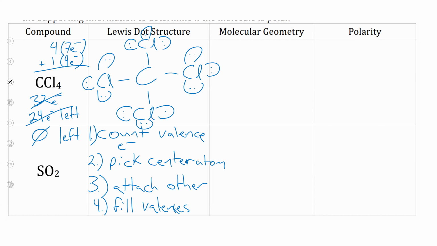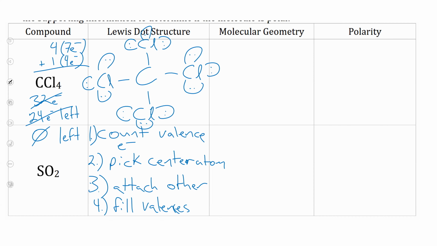Now the question is, is everything happy? The chlorines, we just started by filling all the chlorine valences. Are the chlorines good? Yeah. The chlorines all have a total of 8 valence electrons. Chlorines are all happy. What about the carbon?